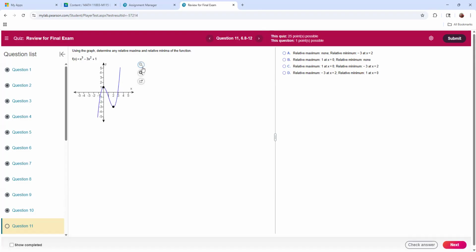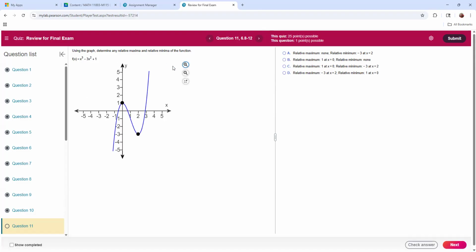Okay, so this is just a picture we're looking at. And we'll see what y'all pick, A, B, C, or D. They want to determine any maxima and minima. So that's the peak and the valley. So we want to see what this first dot, this little hump, that is a maximum value of 1 on the y-axis at the x equals 0.